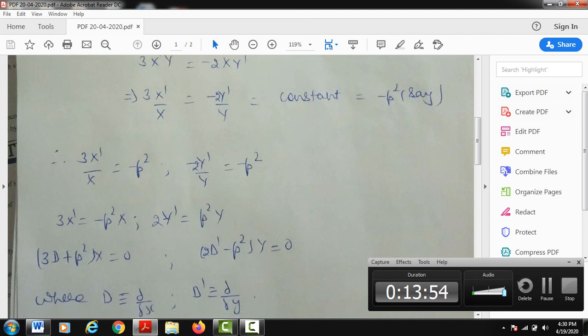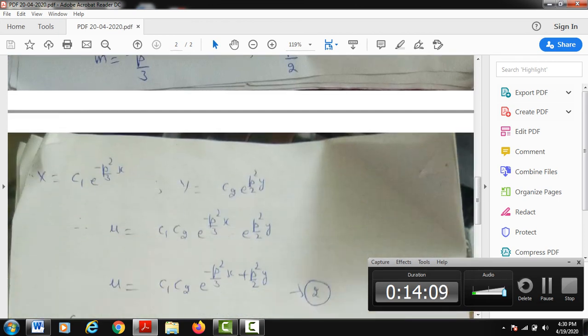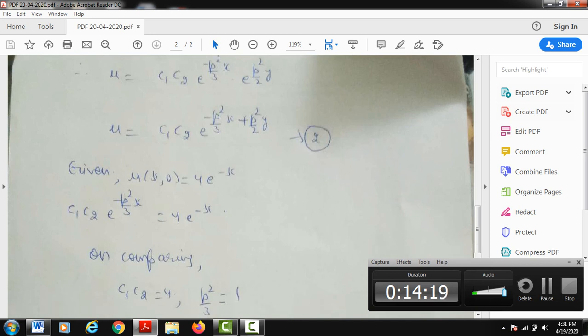For the complementary function we write the auxiliary equation, which is obtained by replacing the differential operator with n. After solving it, we write the complementary function and put all these values in the solution, where the dependent variable is equal to the product of all independent variables. That will be your solution.